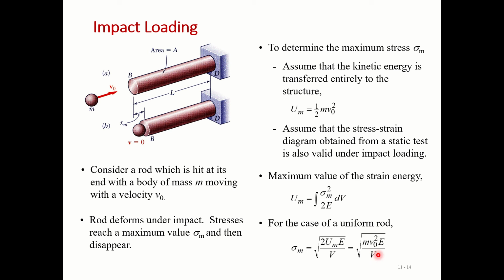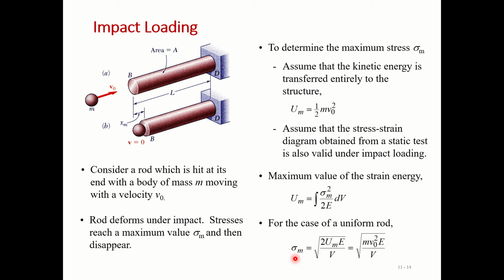Similarly, it is inversely proportional to the volume of the rod. So the higher the volume, the lower the stresses, and the lower the volume, the higher the stresses. In designing equipment, we are interested in lower values of stress, so higher volumes are required to reduce our stresses.